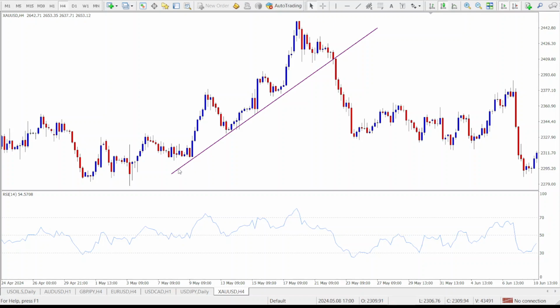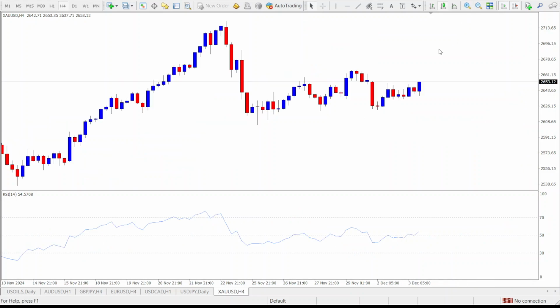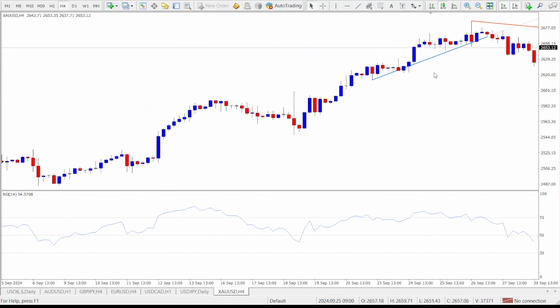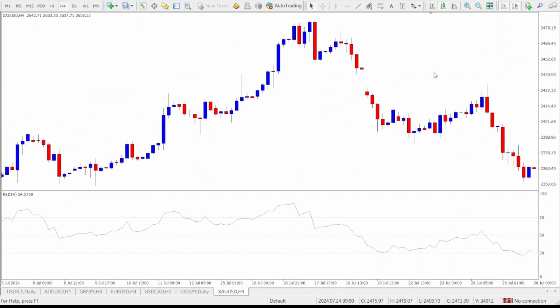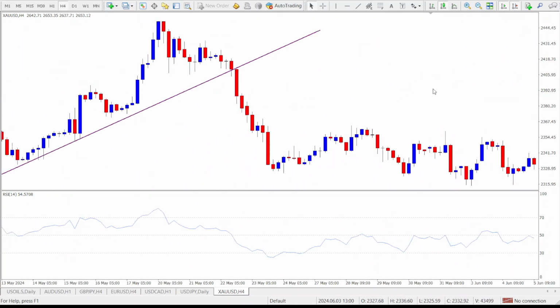Like in this example, we can see that we had a bullish trend, and then at the conclusion of the bullish trend, we can see that we had a bearish hanging man candlestick pattern form.